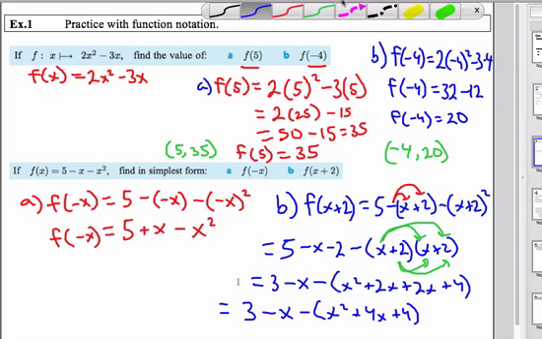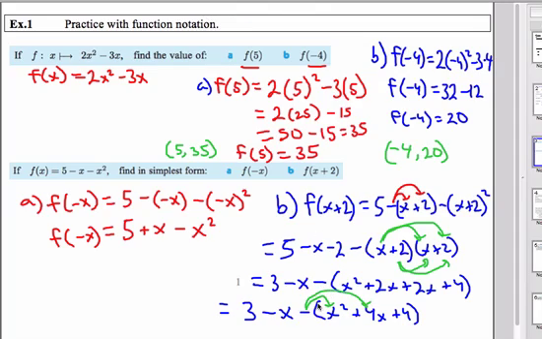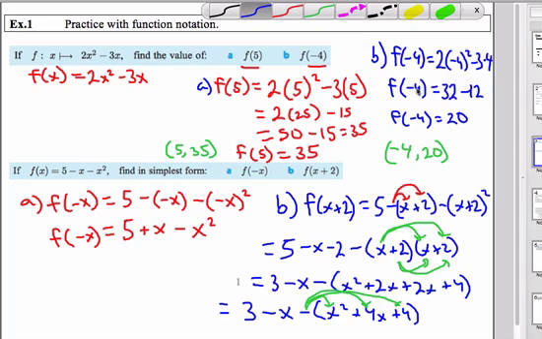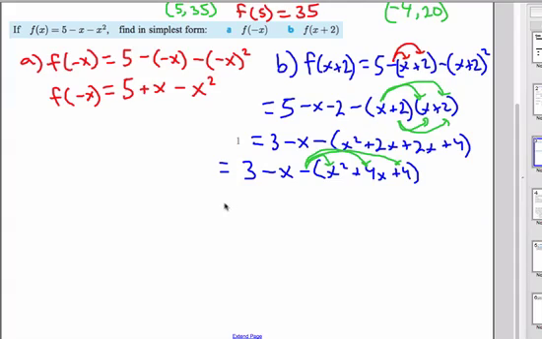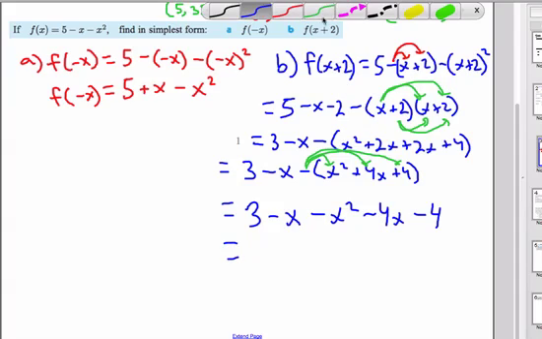And here we're going to distribute that negative sign. So this becomes negative x squared, negative 4x, and negative 4. So let's do that here. So we're going to have 3 minus x squared minus 4x minus 4. And we can match up the like terms now.